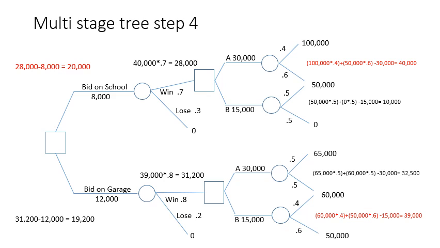I could bid on the garage and have my B team work on it and have an expected value of $19,200. So theoretically, the way I've set this up allows me to make a decision not only whether I should bid on the school or the garage, but also whether I can actually do both of these activities.